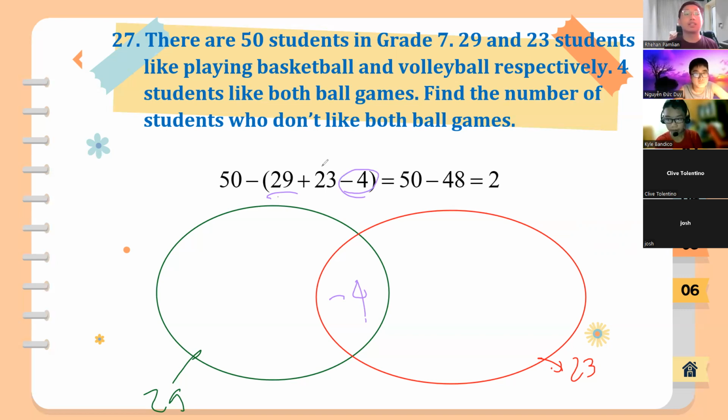Yeah, this is the union: A plus B minus the intersection of A and B. That is what John Kenneth is saying in the chat. And then this is the total number, which is your whole set. So basically the answer is 2.